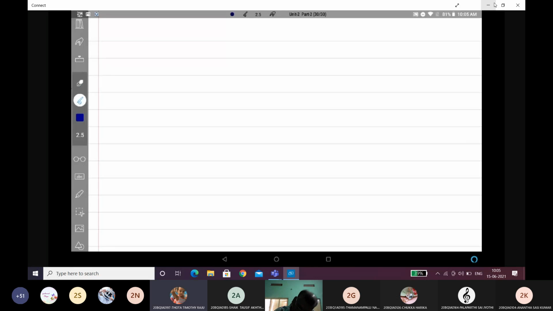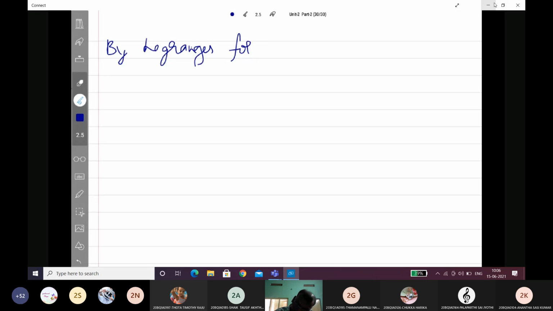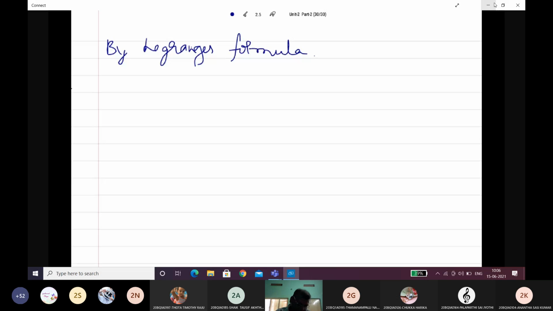Now, by Lagrange's formula, write down the formula.